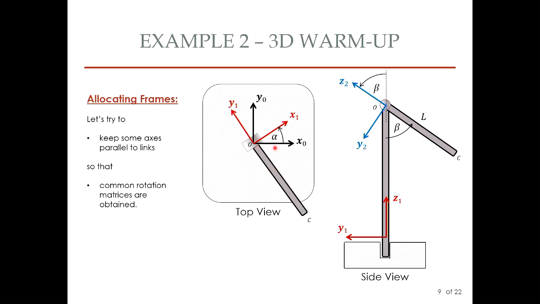I'm attaching frame number 1, the red one, to essentially this rotating vertical link, such that y1 will always be pointing away from this wing, and x1 will always be pointing along the joint axis.